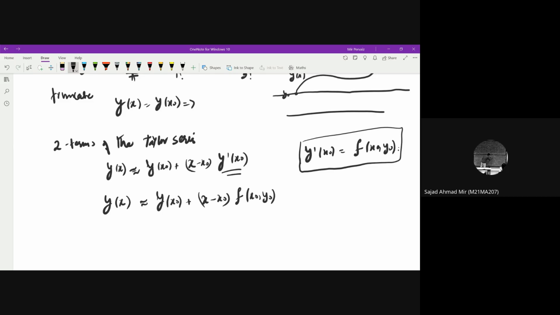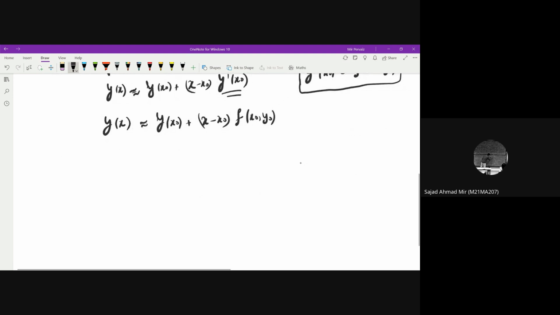Now let's say I want to calculate at the point x1, which is at a distance of h from the x0 point, that is, x0 plus h. Now I can write x1 minus x0 as h. So, y at x1 I am calculating, then I can write x1 minus x0 times f of x0 comma y0, and use this value x1 minus x0 as h.